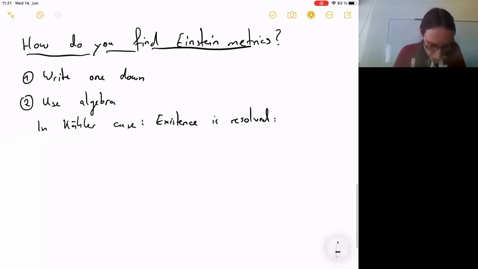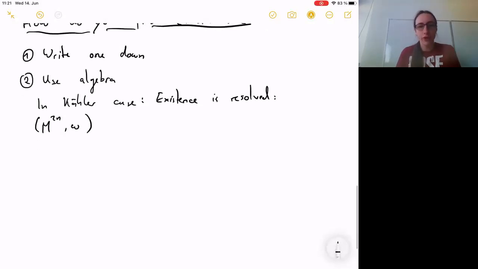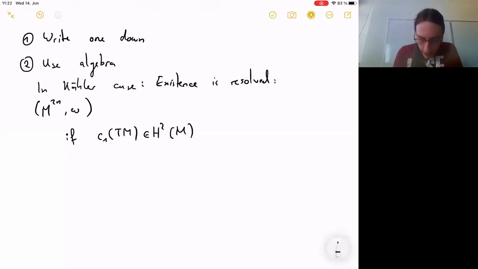Yeah, so if you have some Kähler manifold, where omega is the Kähler class, then the question of whether there is an Einstein metric which is compatible is completely solved. Yeah, so what you have to do is look at the first Chern class, which is a cohomology class in the second cohomology group. And you have your Kähler class, which is also there.